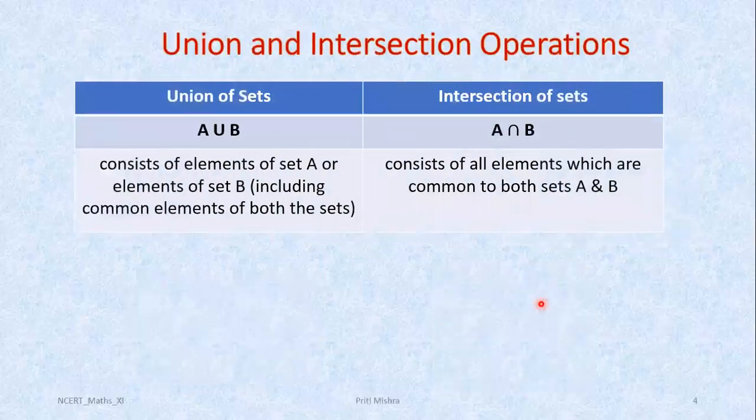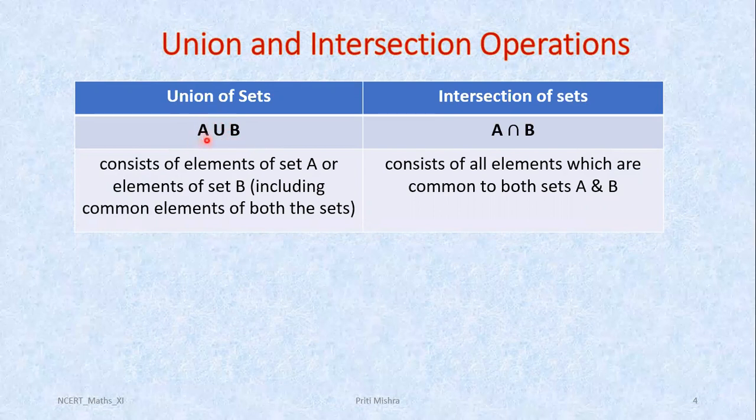Now let's find out union and intersection operations. What is the union of sets and what is the intersection of sets? At the same time, I will explain these two topics so that you can differentiate them easily. Here you are seeing this symbol, which is written in between A and B, we use to write down the union of two sets.